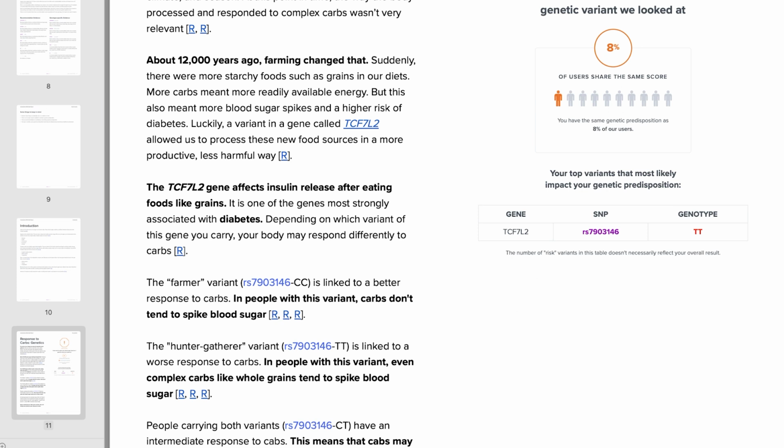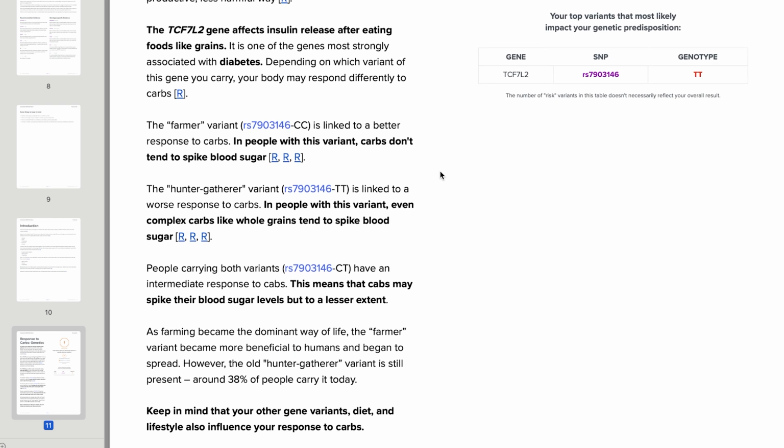That's the point. So that means that they are more suited to have a lower carbohydrate diet. And as it says, in people with this variant, even complex carbs like whole grains tend to spike blood sugar. So the opposite type, the farmer type, they do quite well.